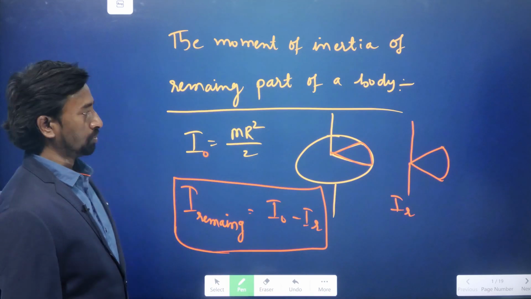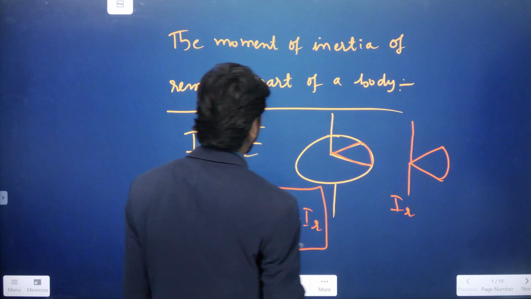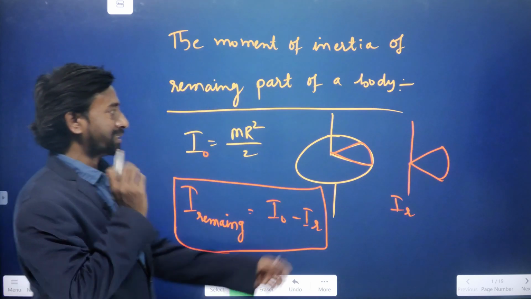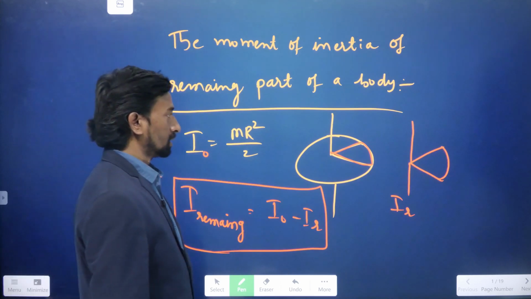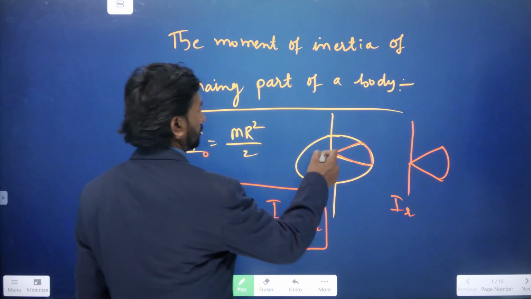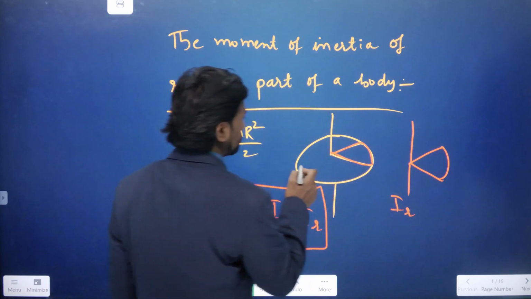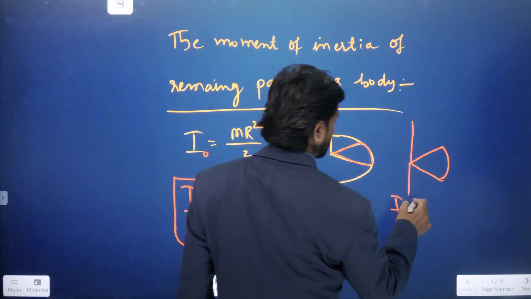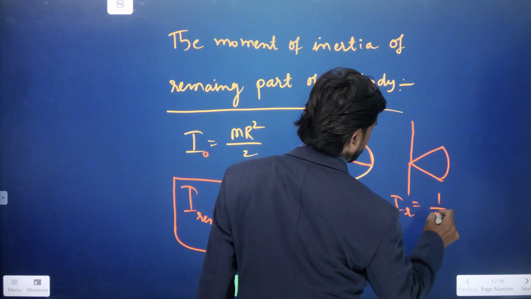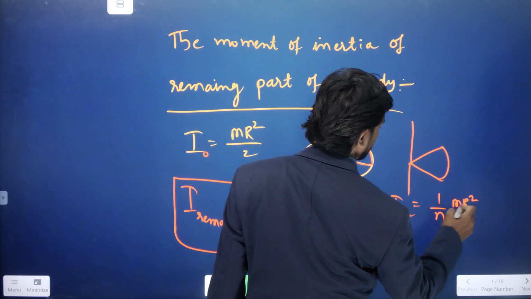Suppose the nth part has been removed, let us consider 1/4. If the nth part of the body has been removed, then the moment of inertia of the removed part we can write as 1 by n of the moment of inertia, that is MR square by 2.